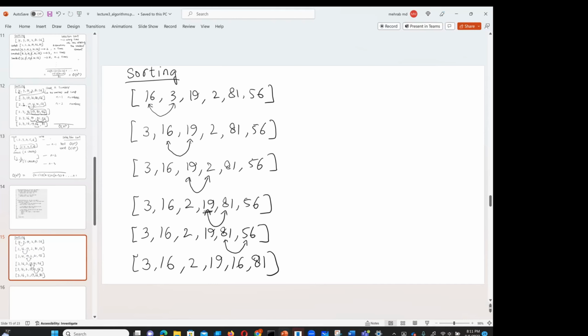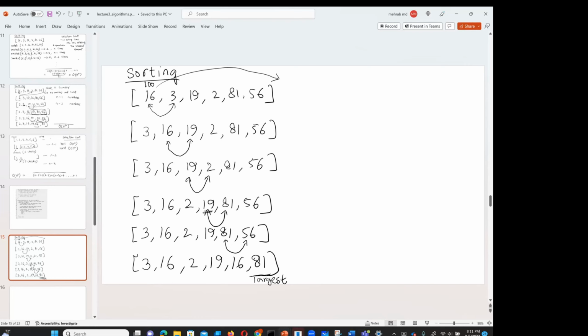The largest element came here, right? Yes. The largest element came to the end. Okay? Just think about this. If the largest element was here, suppose this was 100, the first element, 100 would have traveled all the way to the end, right?